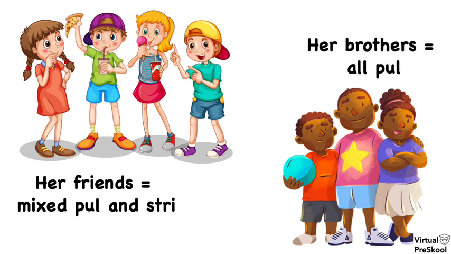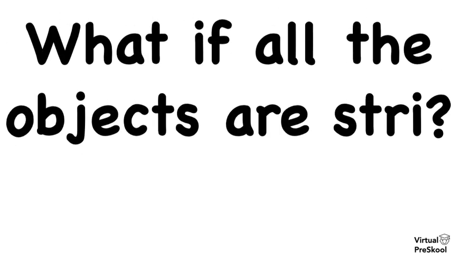So she's saying her brothers. Her brothers are all pull. So those are the two use cases for when we use uske for plural nouns: when it's a mix of male and female or it's a group of all male, pull. But what if there's more than one plural, but they're all female nouns, they're all stri?